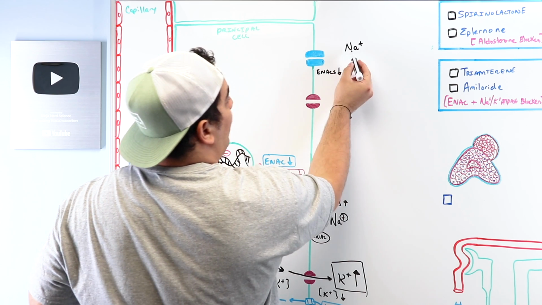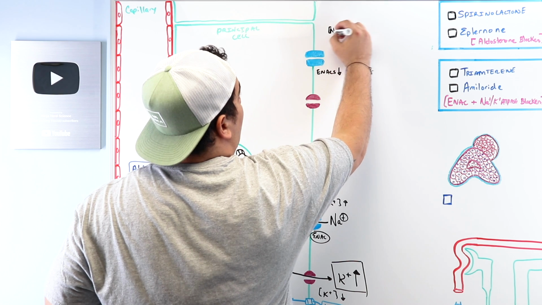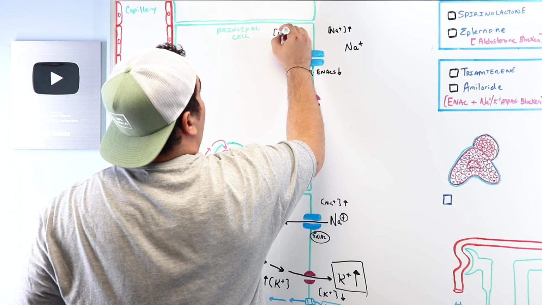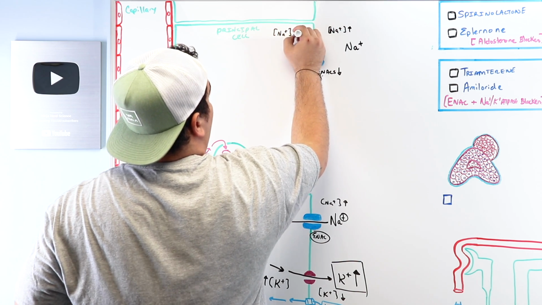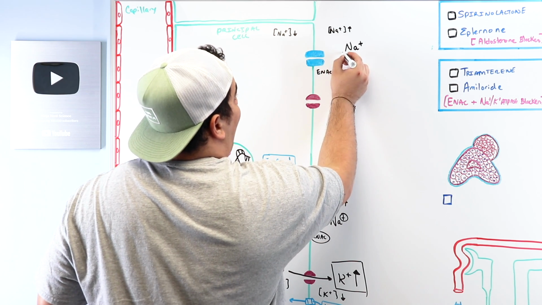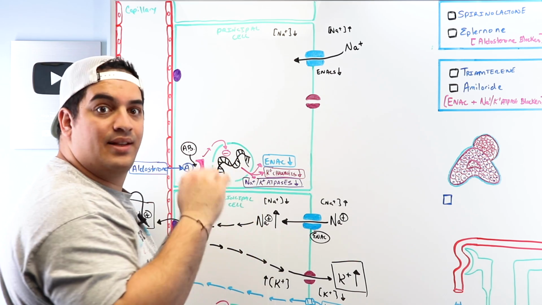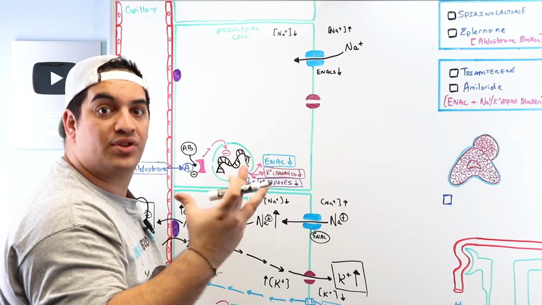There's less of them. So what that means is usually when sodium's coming through here, sodium may be in higher concentration here and in lower concentration in the cells usually. But now, because there's less ENaCs, less sodium can get into the cell because there's less transporters for sodium.